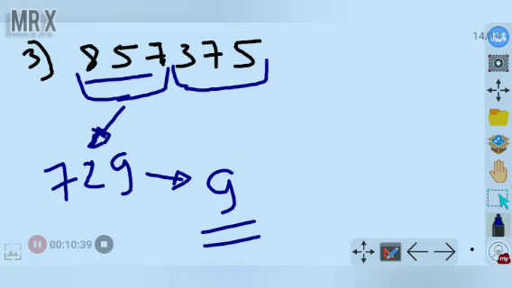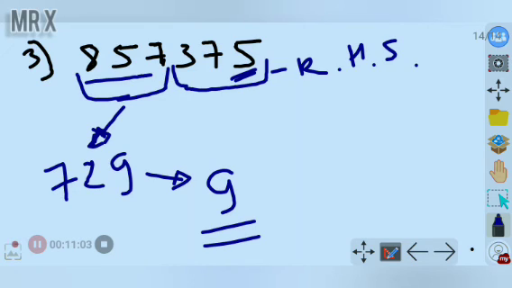Then we go to the right-hand side. Here the end digit of our question's cube is 5.